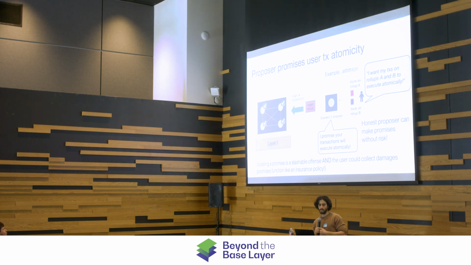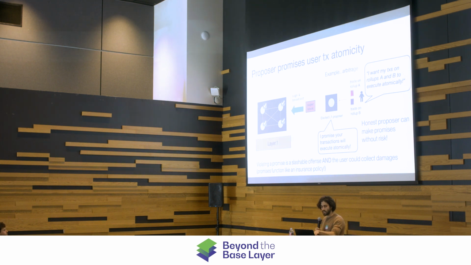Okay, well, let's consider an example. It's a simple example of an arbitrage opportunity between two automated exchanges on different rollups. If there's some common proposer, and this would happen if the rollups were using the layer 1 smart contract to do their sequencing, what it means is that the layer 1 proposer, the node that's elected to propose the next Ethereum block, is also proposing the next blocks of these two different rollups.